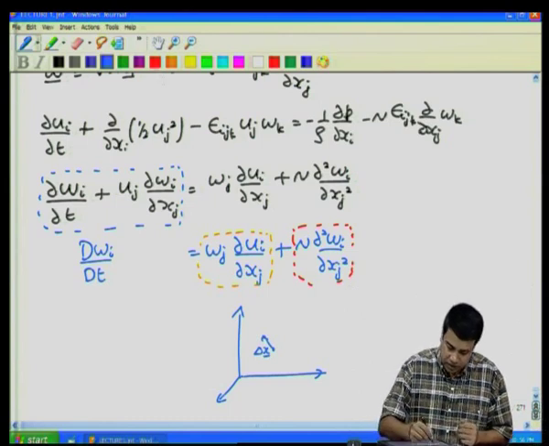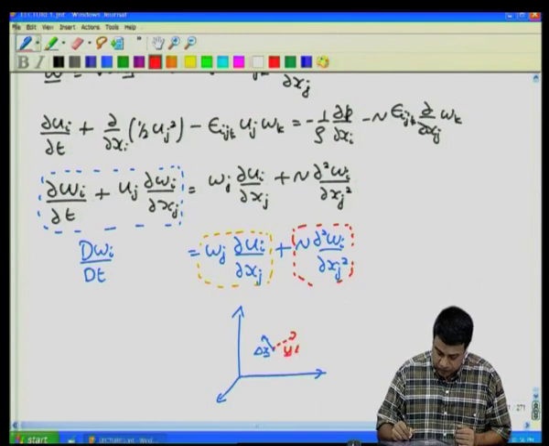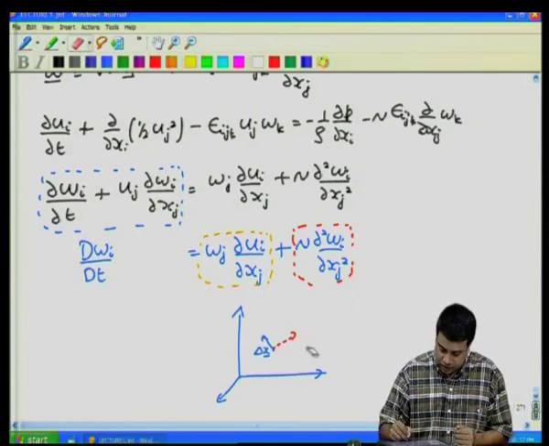So, at some later time, this is going to move a distance u delta t, where u is the velocity at the location x.